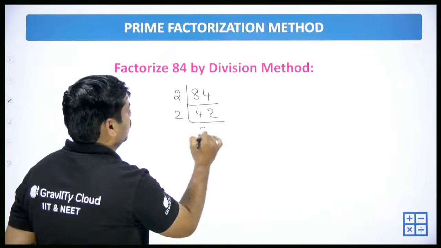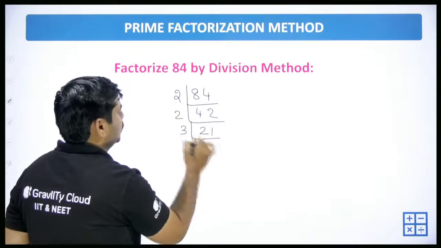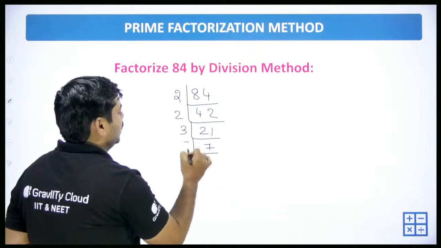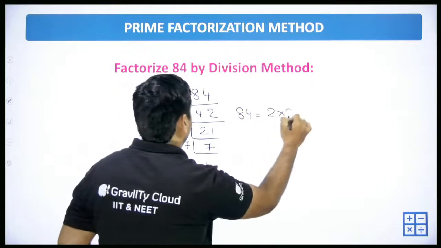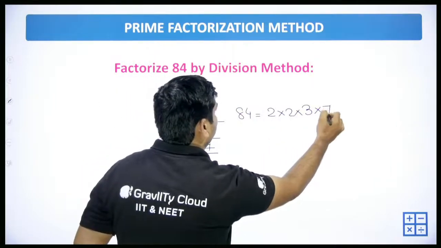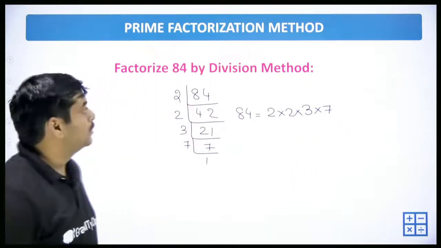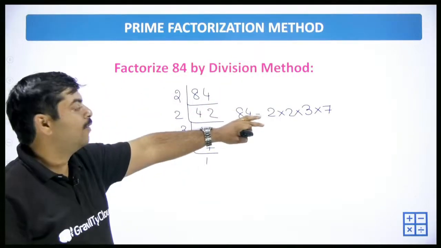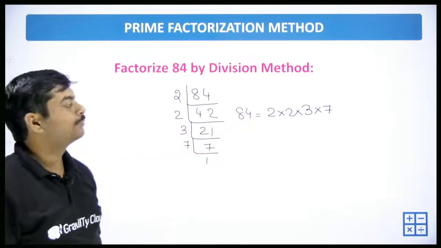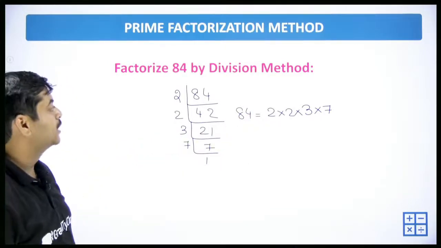Again 2 into 21. Next 3 into 7 and 7 into 1. So 84 can be written as 2 into 2 into 3 into 7. That is the division method. This is how we can factorize: 2, 2, 3, 7, correct? Let's move ahead for the next one.